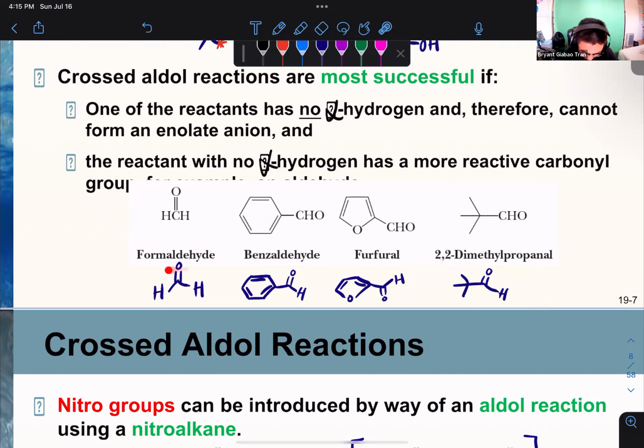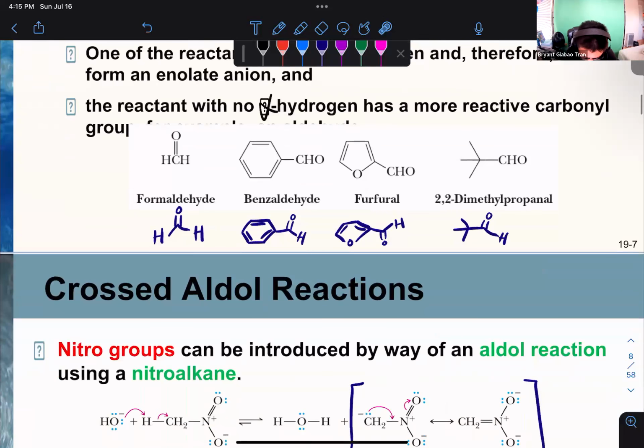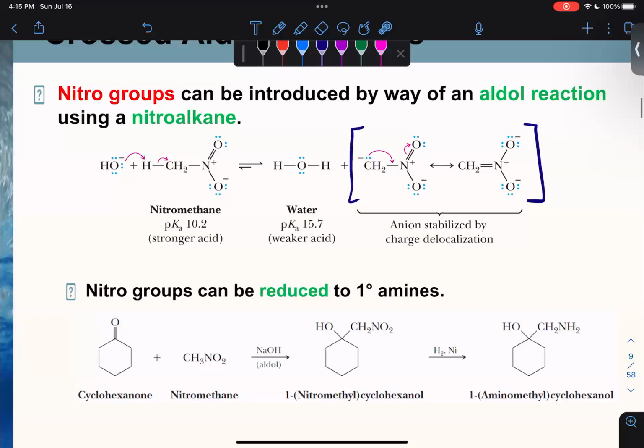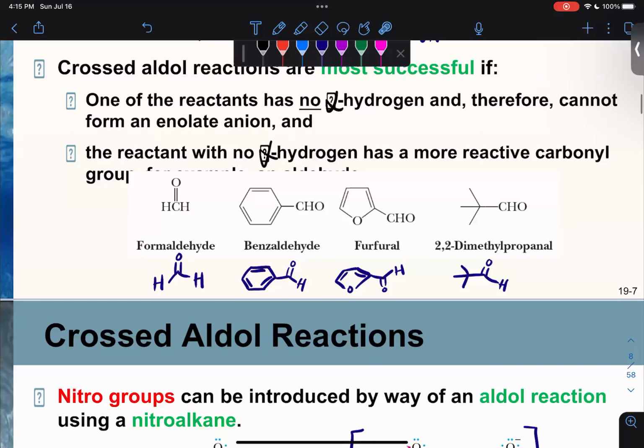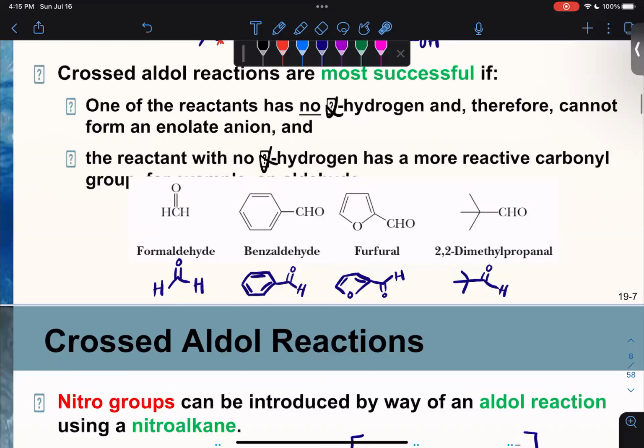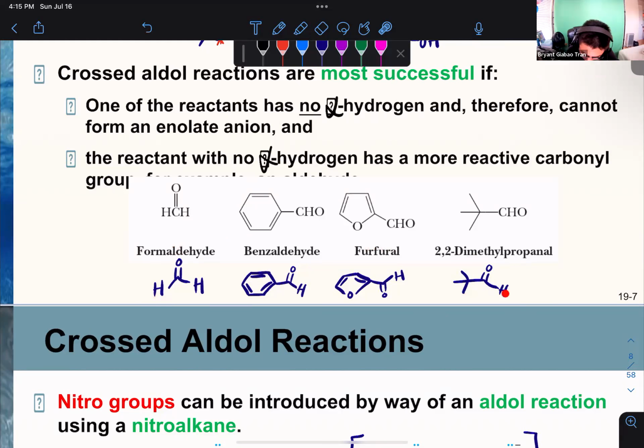And this is how you ensure that you avoid unwanted crossed Aldol reactions. So usually the ones with alpha hydrogens will be the ones that attack those ones. The ones with alpha hydrogens would be the attacking ones, and these ones are going to be attacked because they have no alpha hydrogens. Got it.